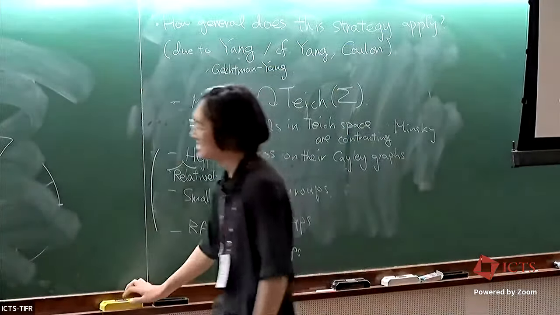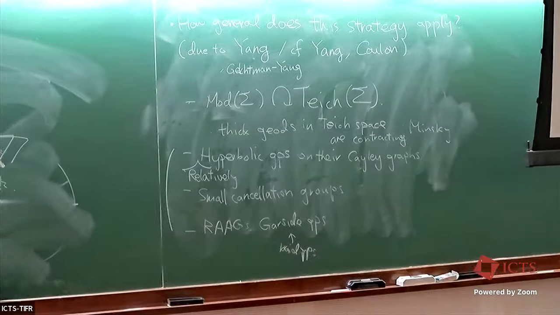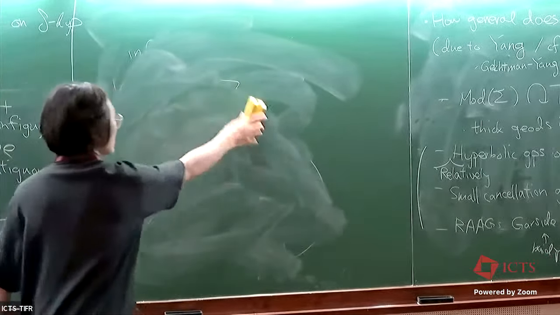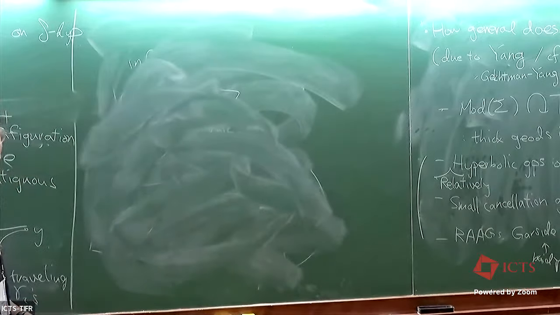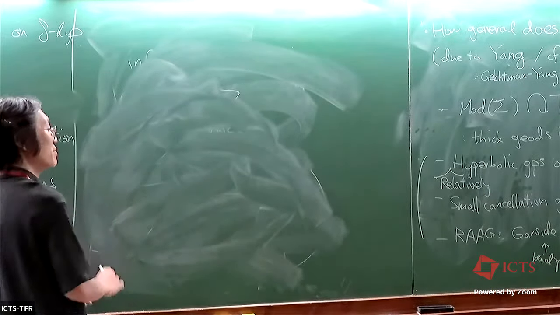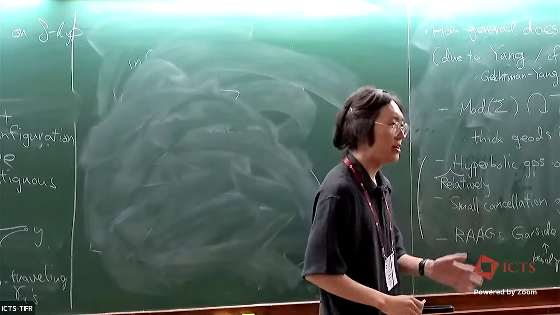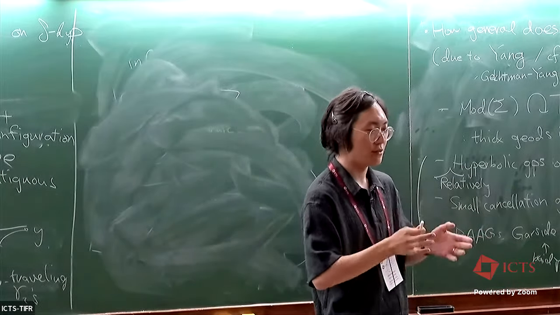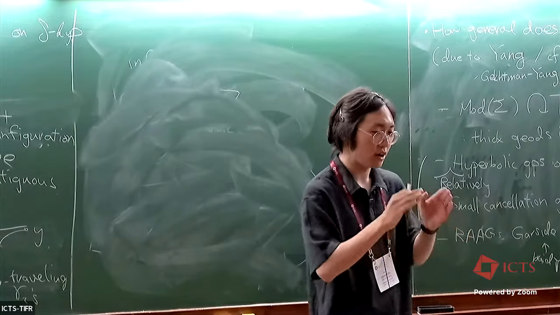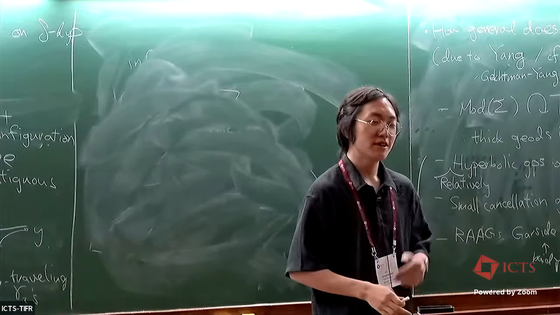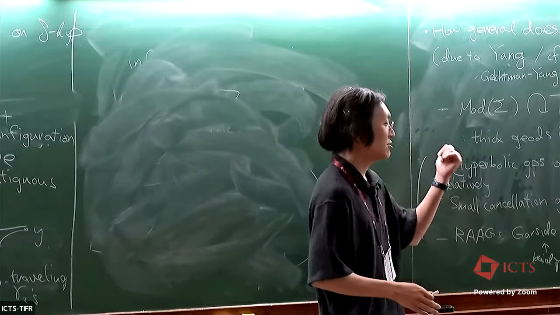Right. Thanks to the question, I can explain a bit more about HHGs. For the mapping class group, we're not sure whether, on any Cayley graph of the mapping class group, pseudo-Anosovs are strongly contracting or not.